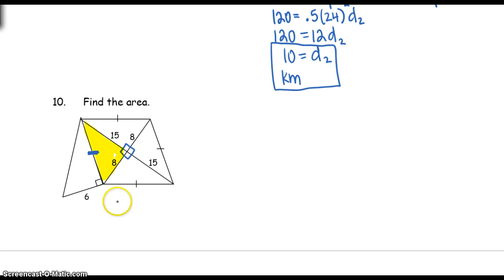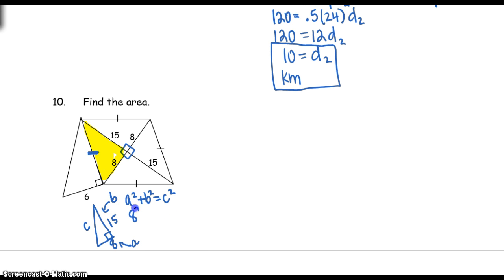So I'm going to redraw this triangle as best as I can. This is 8 and that's 15, and here is your right angle. So Pythagorean theorem: the legs are what's perpendicular and the hypotenuse is the one that is not perpendicular. So that's our c. We know that a squared plus b squared equals c squared. You can call 8 a and 15 b.